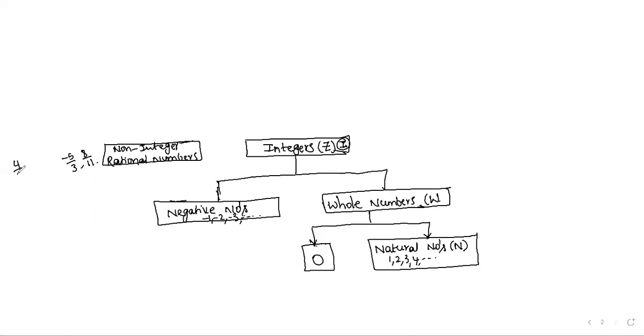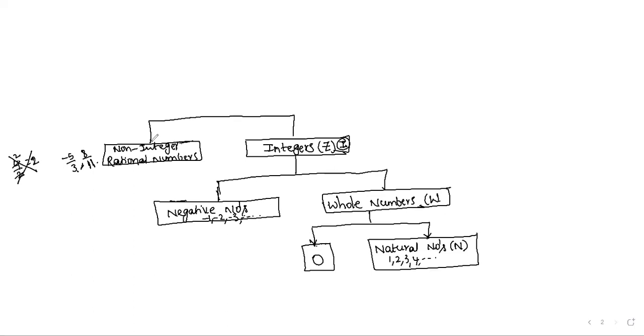Suppose you take 4/2, this is 2 times, so this is an integer, not a non-integer rational number. Non-integer rational numbers are those with decimal values, like -5/3, 8/11 and so on. These are called non-integer rational numbers.